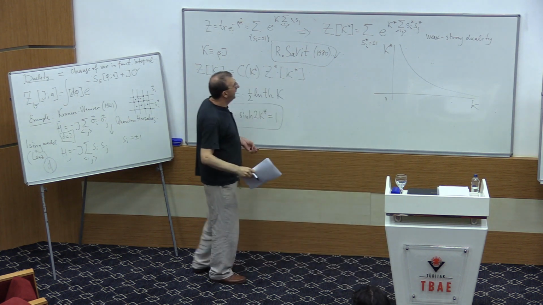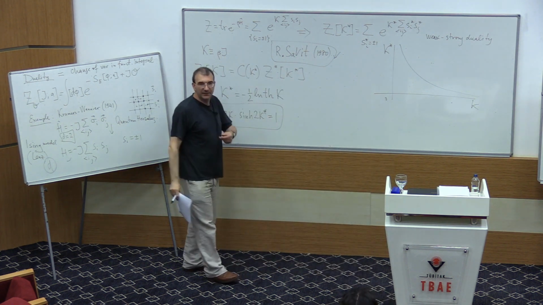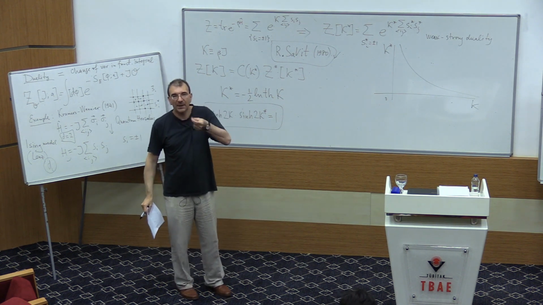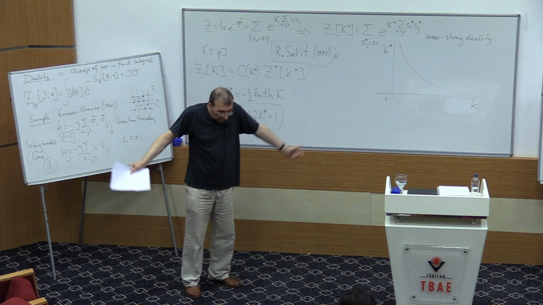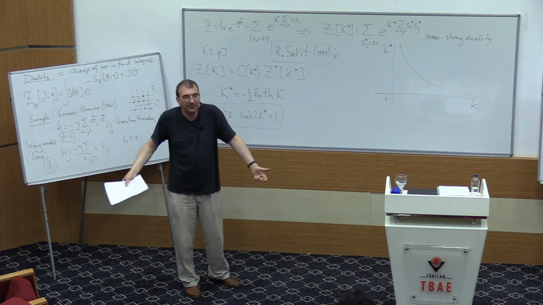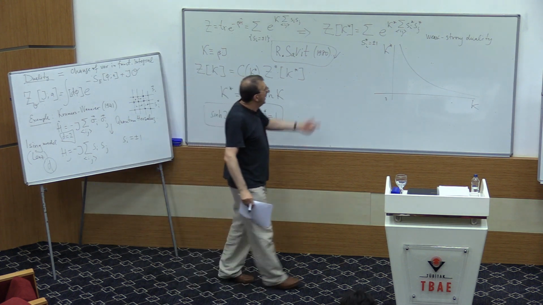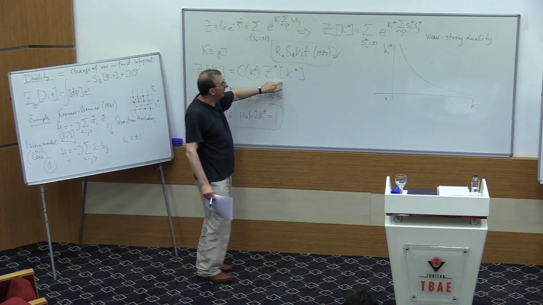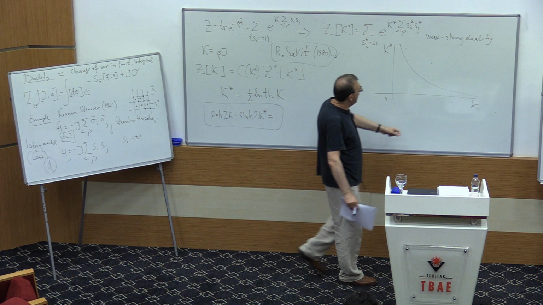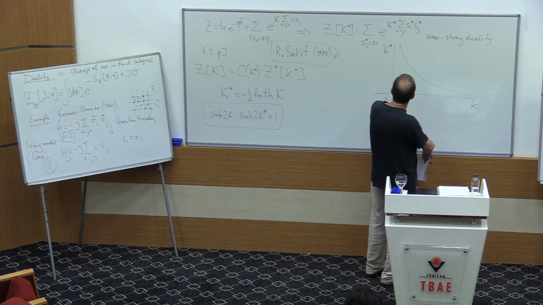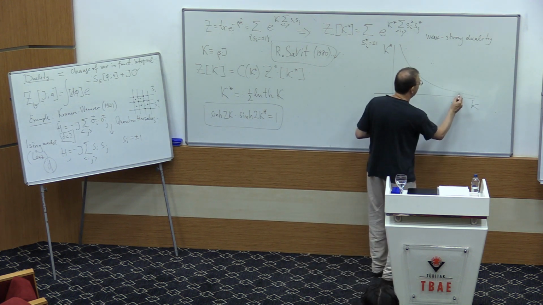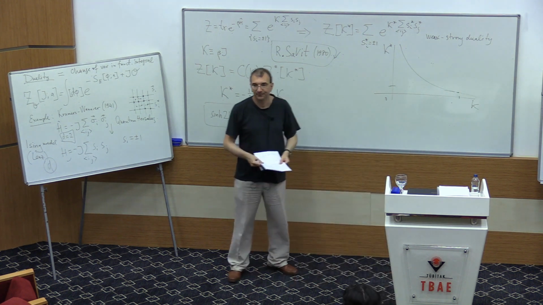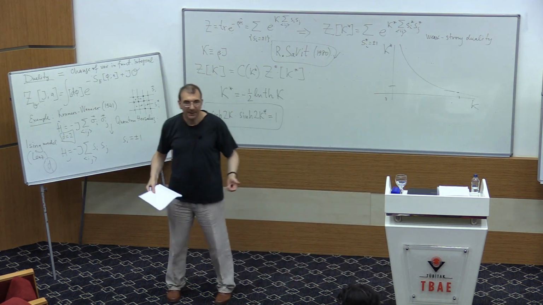So the moral of the story is that if you're asked to compute something in the Ising model at a large value of coupling k, you have no idea how to do it perturbatively because you don't have a small parameter. You use duality. You just rewrite your Z in this form with k star, and if k is large, somewhere here, then the value of k star is small and you can use perturbation theory. That's the main idea.